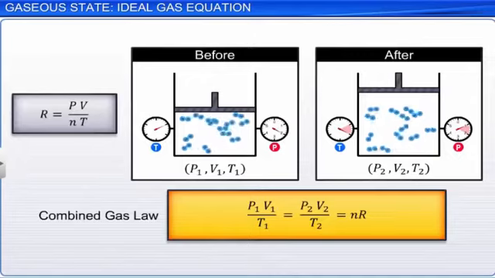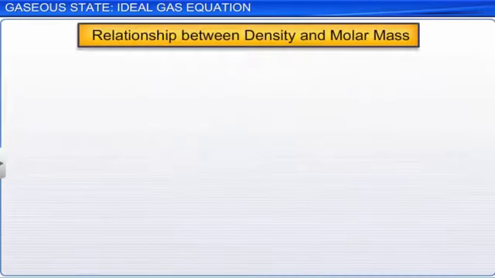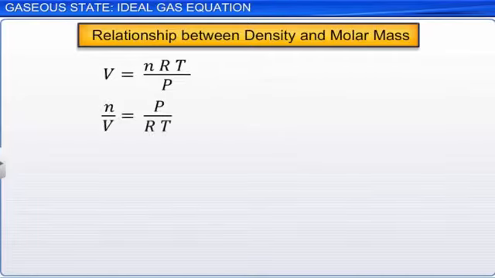To understand the density and molar mass of a gaseous substance, we have to rearrange the ideal gas equation to N divided by V is equal to P divided by R into T. On replacing number of moles N with mass of the gas m by M, we get the equation m divided by M into V is equal to P divided by R into T, where M is the molecular mass of the gas.